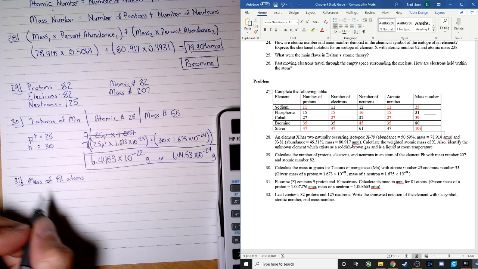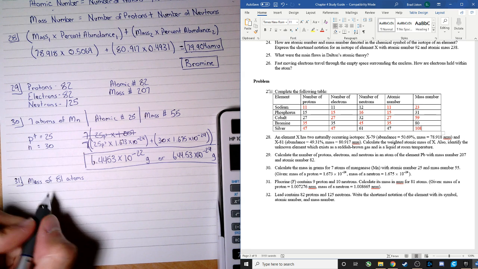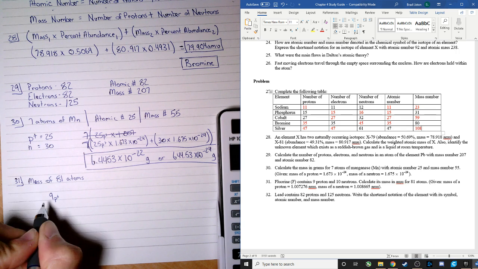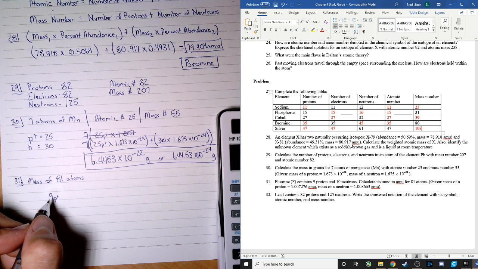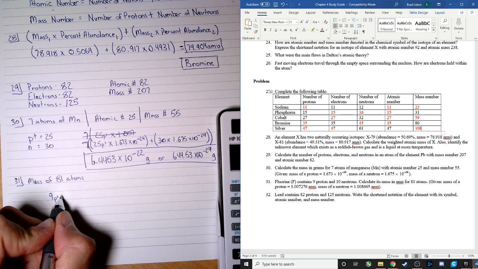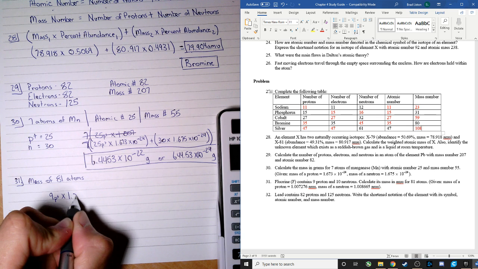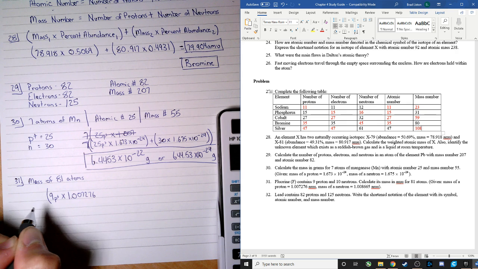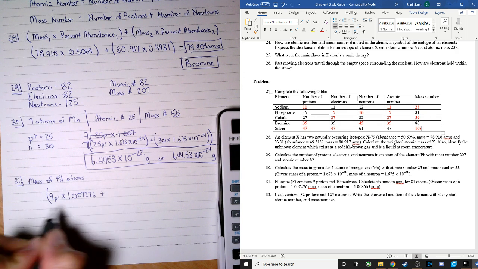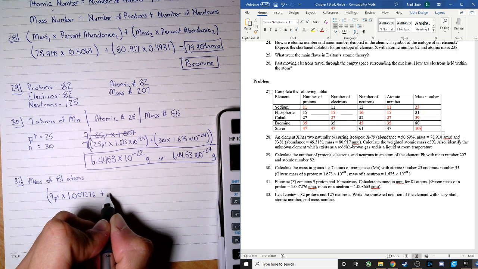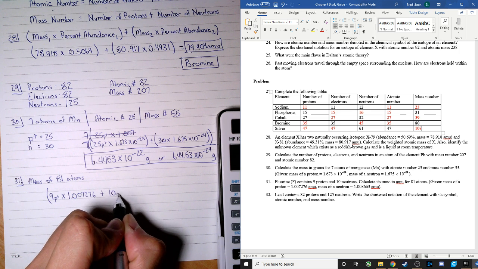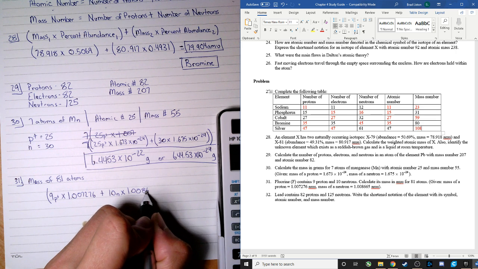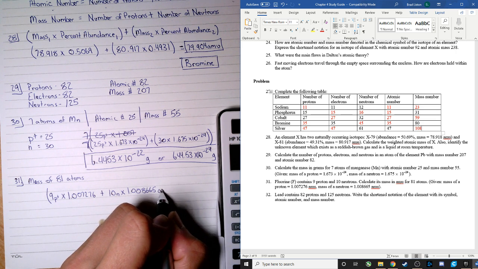So we know one fluorine atom has 9 protons. Based off of what we're given here, one proton has a mass in AMUs of 1.007276. Then we know we have 10 neutrons, and each has a mass of 1.008665 AMUs.